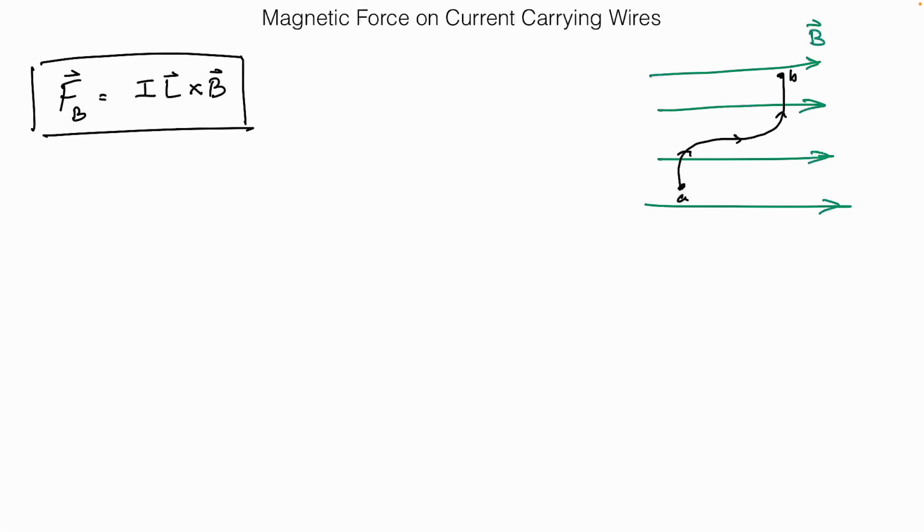What's changing then? The magnitude of the cross product, right? Because as this current goes from vertical, where the cross product would be the biggest, remember it's vector, vector, sine of the angle between them, I've got almost 90 degrees here at the beginning. As I go towards the part that's almost parallel to the field, then that force is going to get much smaller.